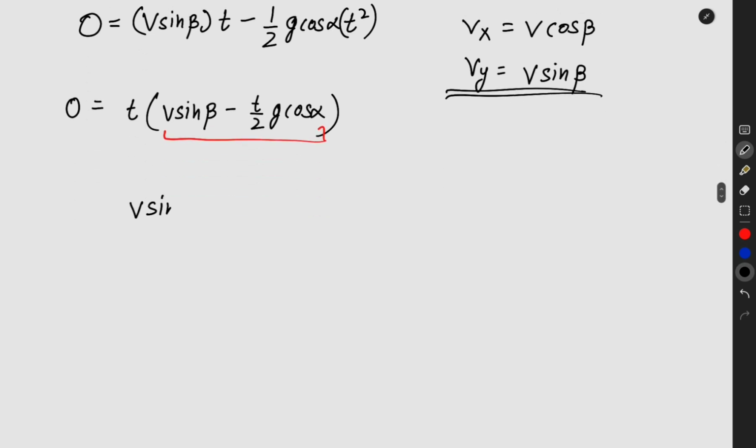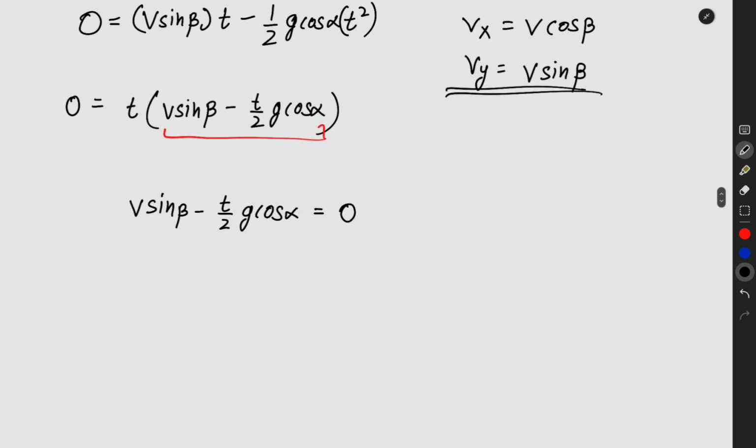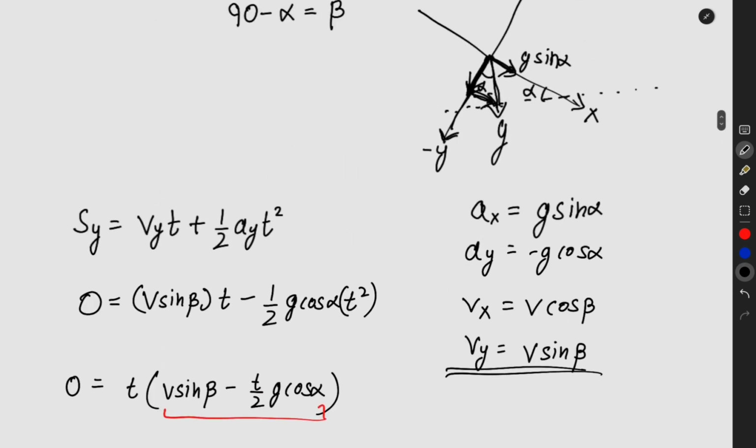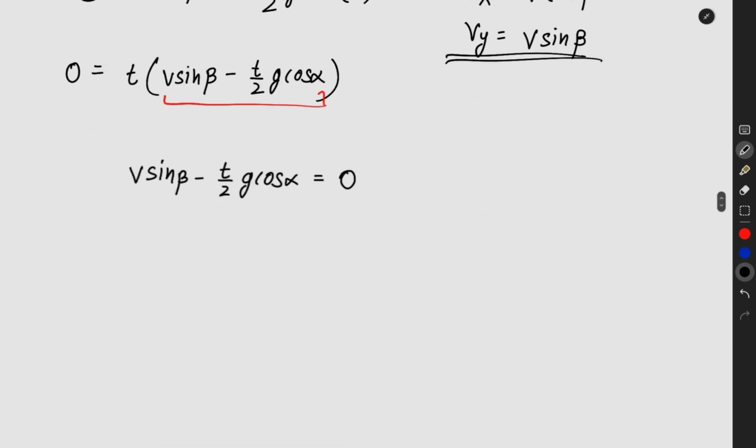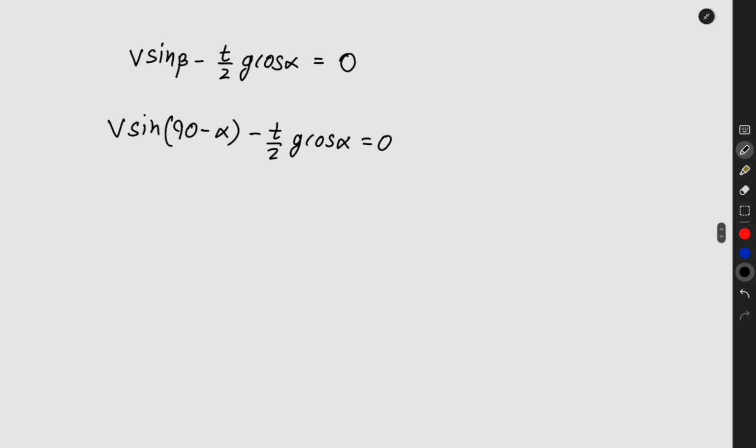So v sine beta minus t by 2 times g cos of alpha equals 0. Now, our beta was 90 minus alpha. So I can just write it as v sine of 90 minus alpha minus t by 2 times g cos of alpha equal to 0.